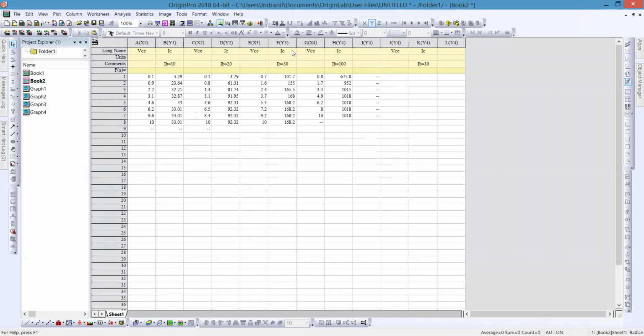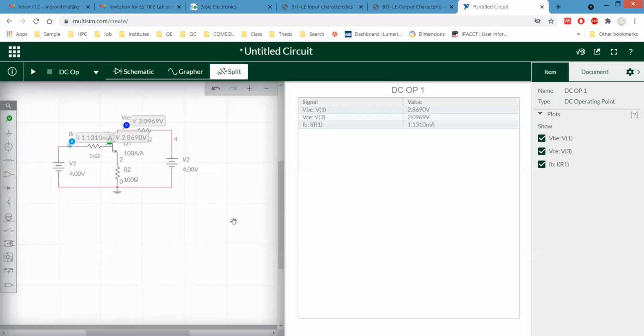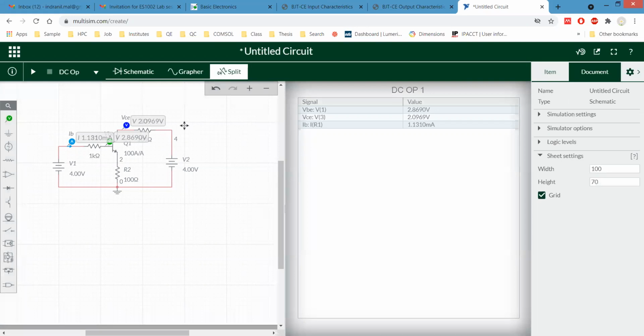Now go to our simulator. What do we need? We need these two values, VCE and IC. For the same circuit, we have to replace the measurement device.